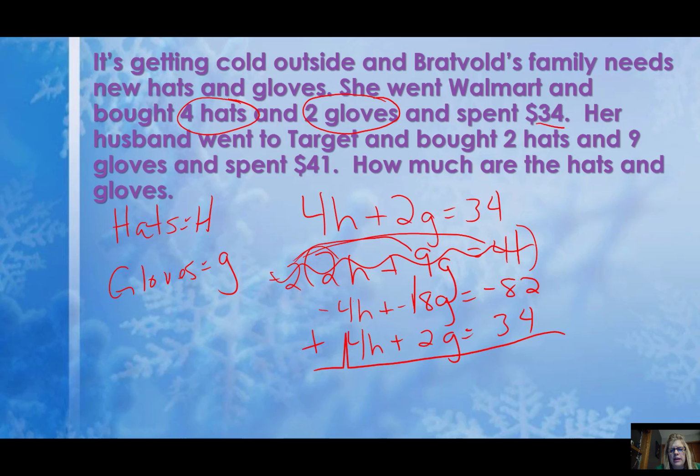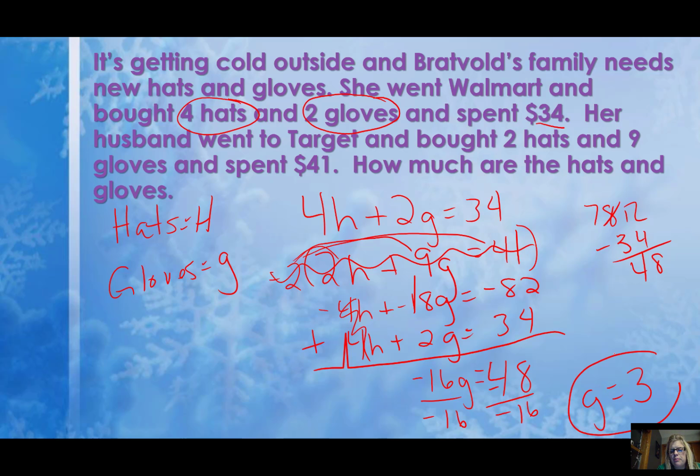My H's are going to cancel out, and I'm going to be left with -16G, if I add those up, equals, oh, I have no idea, 82 minus 34, old school math here, 48, and it's going to be -48 because 82 is larger. Divide by -16. So I know that the gloves cost $3 a piece.